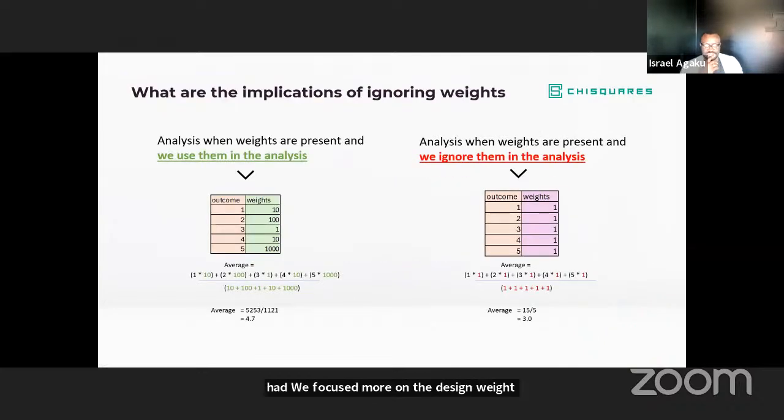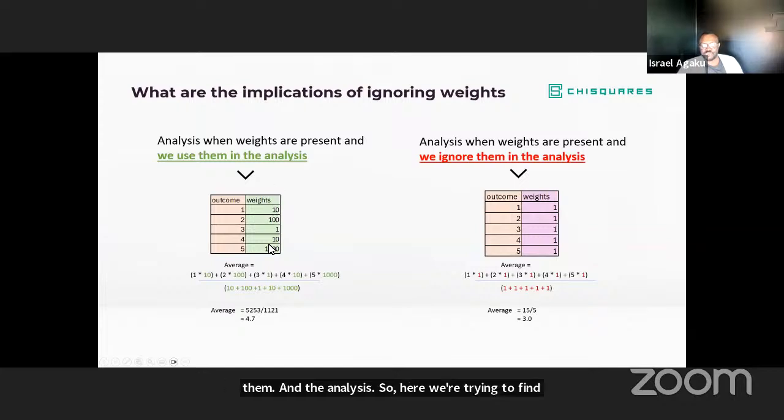So now what happens if your data has weights, but you ignore them? Let's discuss that, and then we'll go on to a practical application of what we're talking about so that you might have some context. So let's look at two scenarios, the green scenario and the red scenario. The green scenario is they were weighted and we accounted for them in our analysis. So here we're trying to find the average.